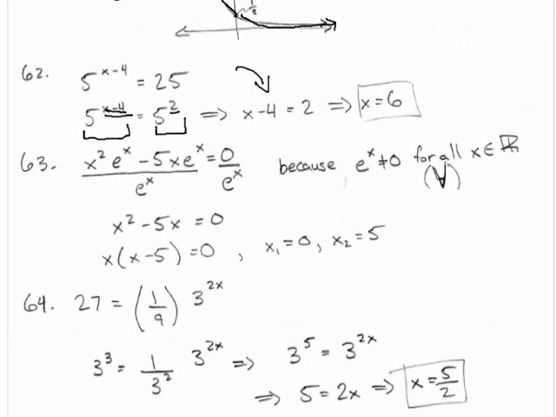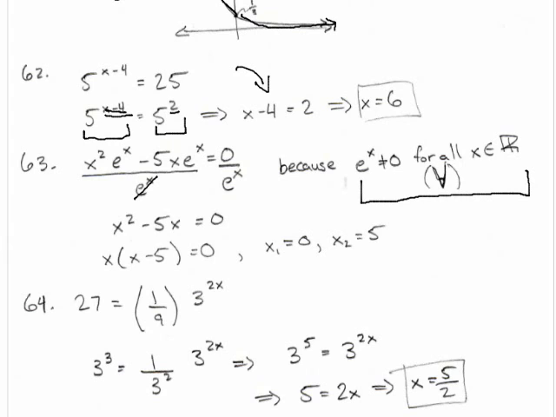All right, number 63, you have to know that e to the x is never equal to 0 for all x in our real number system. So that allows me to divide this whole thing by e to the x, because I know that I can't divide by 0, but since e to the x is never 0, then it doesn't really matter.